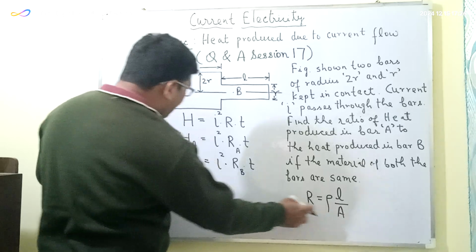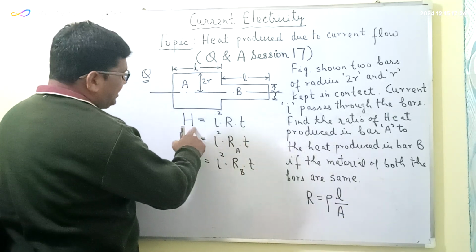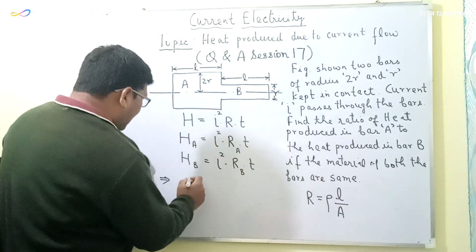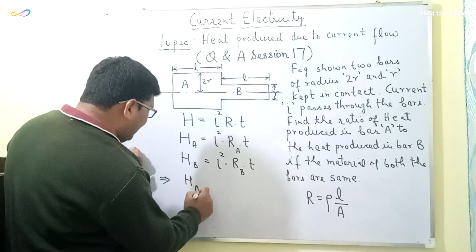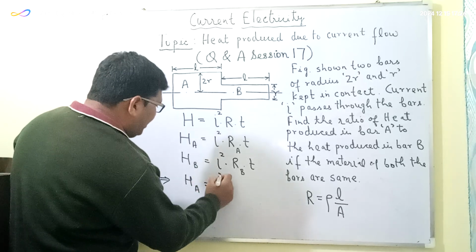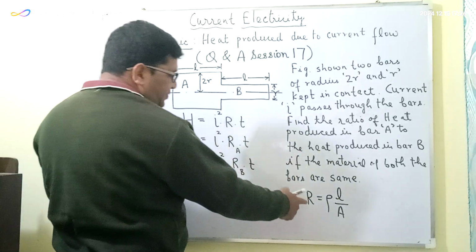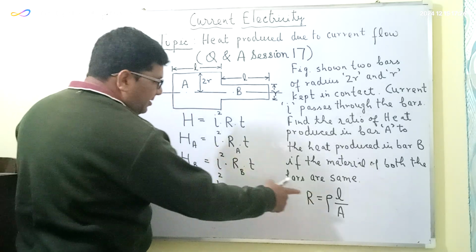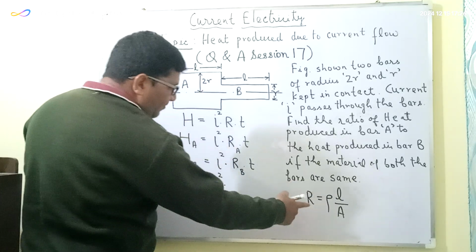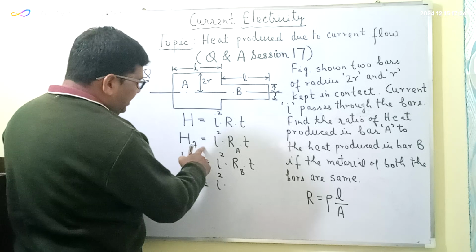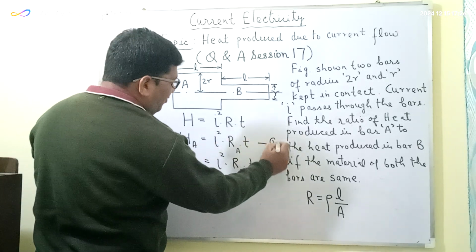From this formula and from H equal to I square RT, I will get the value of HA, equal to I square into R. Now I will substitute the value of R from this formula in equation number 1.